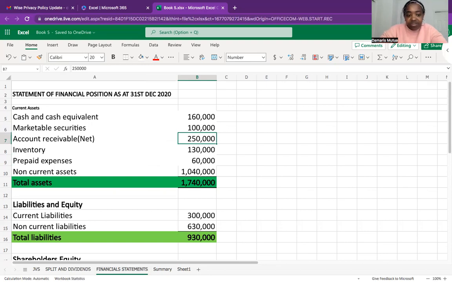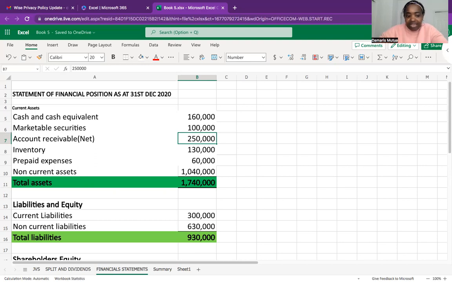Another mistake that I've seen with the balance sheet is accounts receivable. We know accounts receivable needs to be reported net of provision. Sometimes maybe we're not doing the provision the right way, or maybe we're not doing it at all. So that is something that you need to check to make sure your accounts receivable are reported net of provision. Another mistake is when it comes to inventory. Inventory should be reported at the lower of cost or net realizable value.